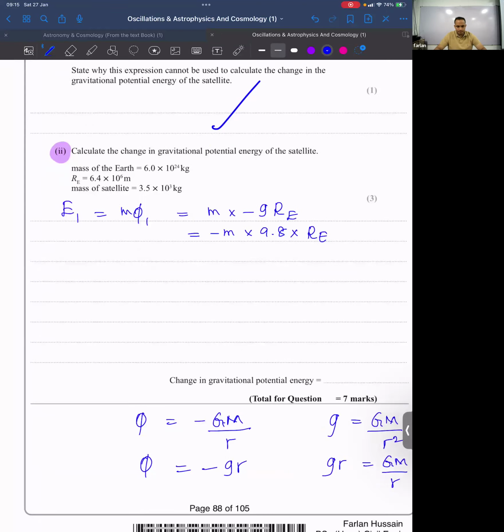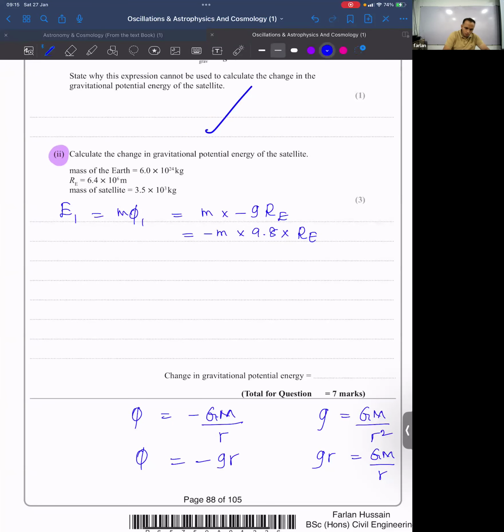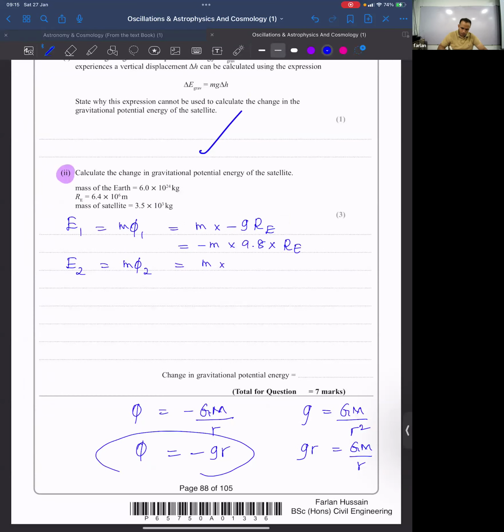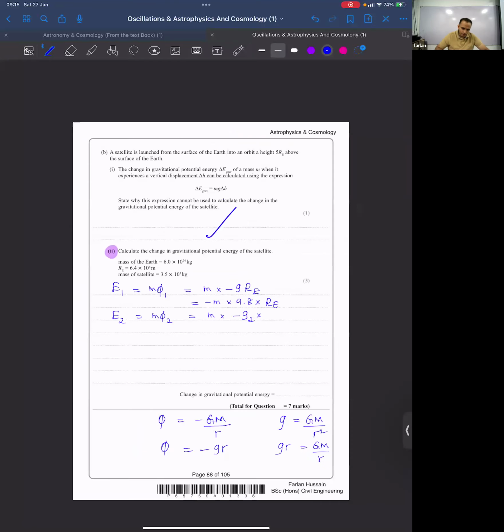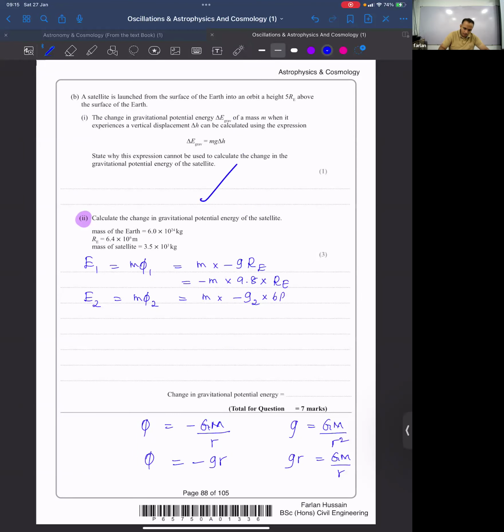Listen carefully. E2, once you put it into the orbit, E2 is equal to m into the potential. So that is m into minus whatever the g is now, I'll take it as g2, into now the r is 6Re.